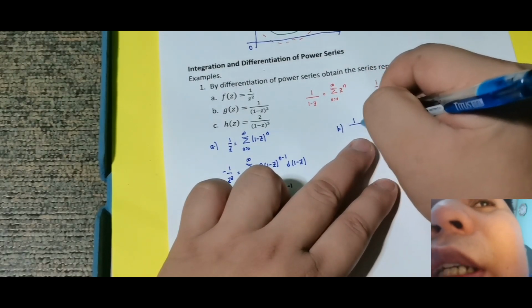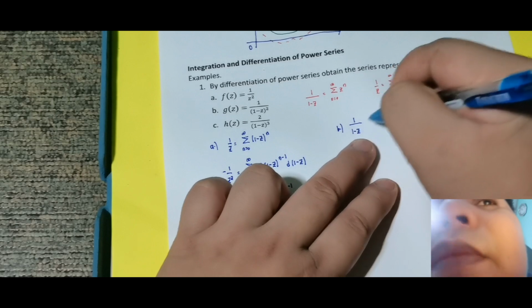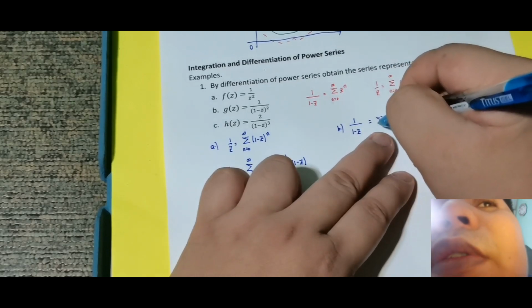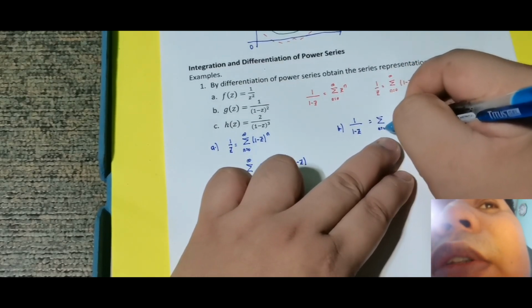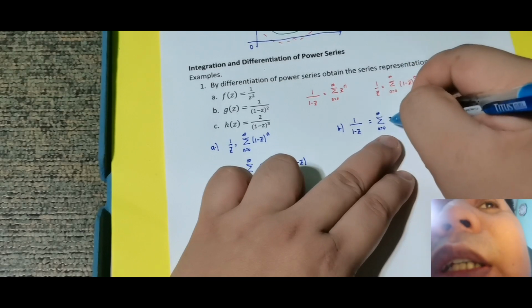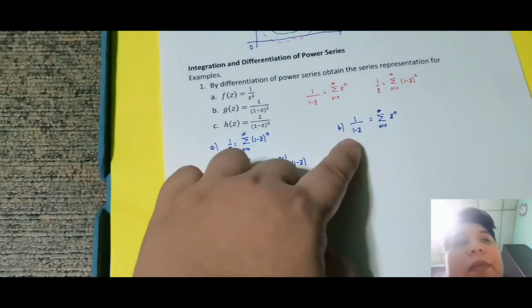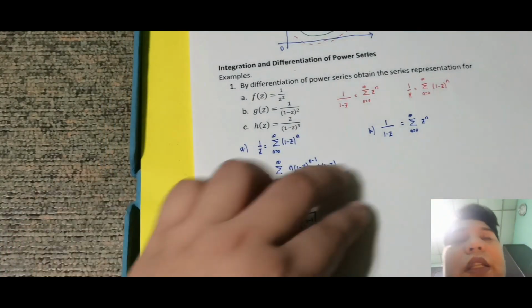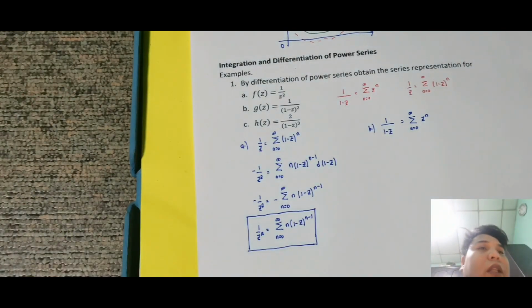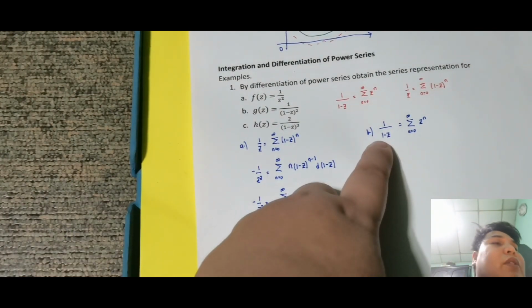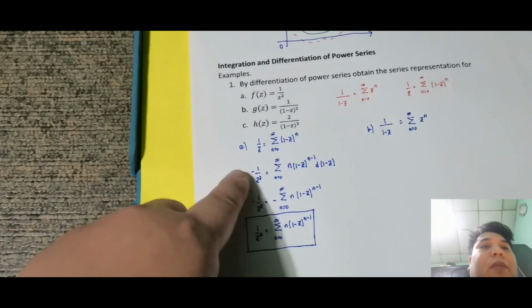So again, for letter B, note na we have 1 over 1 minus z is equal to summation for n is equal to 0 up to infinity ng z raised to n. Pag dinifferentiate ko to, that is negative of negative 1 kasi derivative ng 1 minus z is negative 1, tapos times negative kasi negative yon.